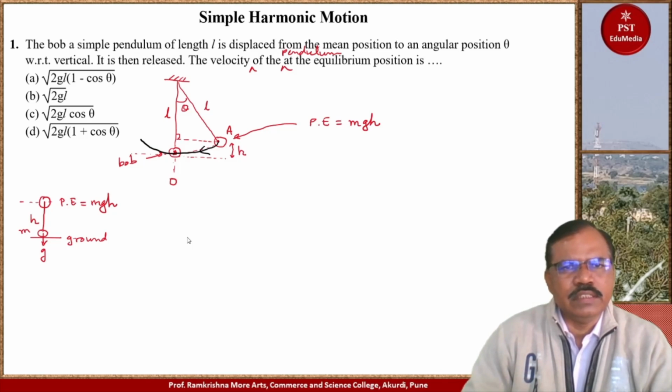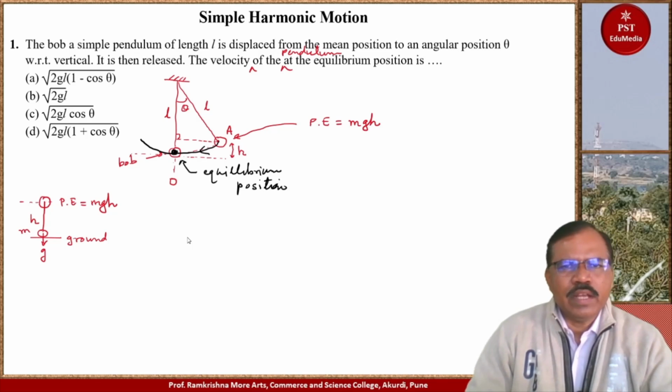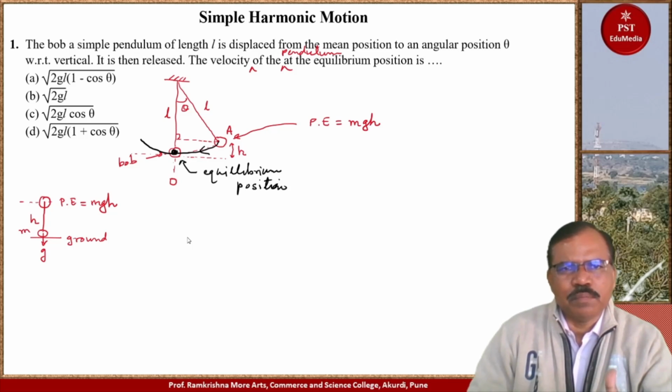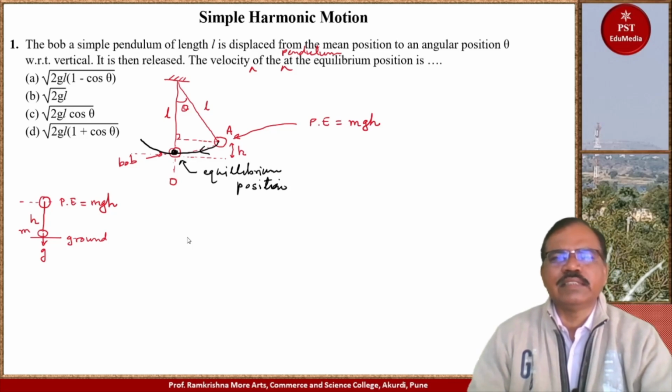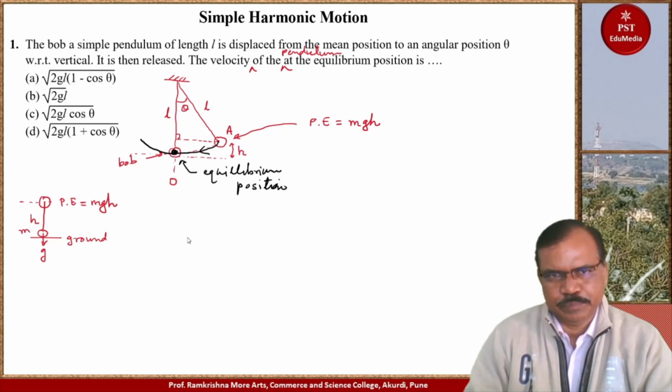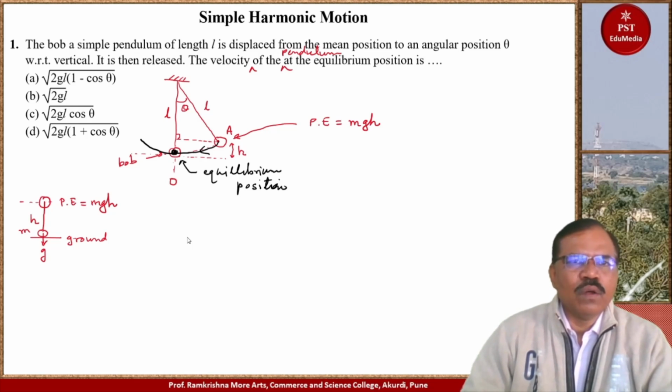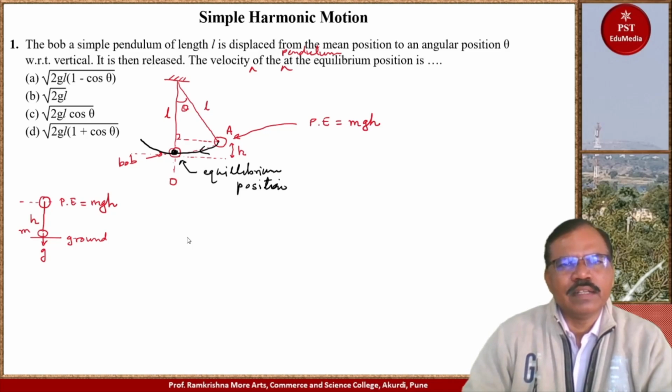When it comes here, it is at the equilibrium position. We know when an oscillator comes from the extreme position to the equilibrium position, along the path its potential energy is converted into kinetic energy. Now we have to find the potential energy mgh.